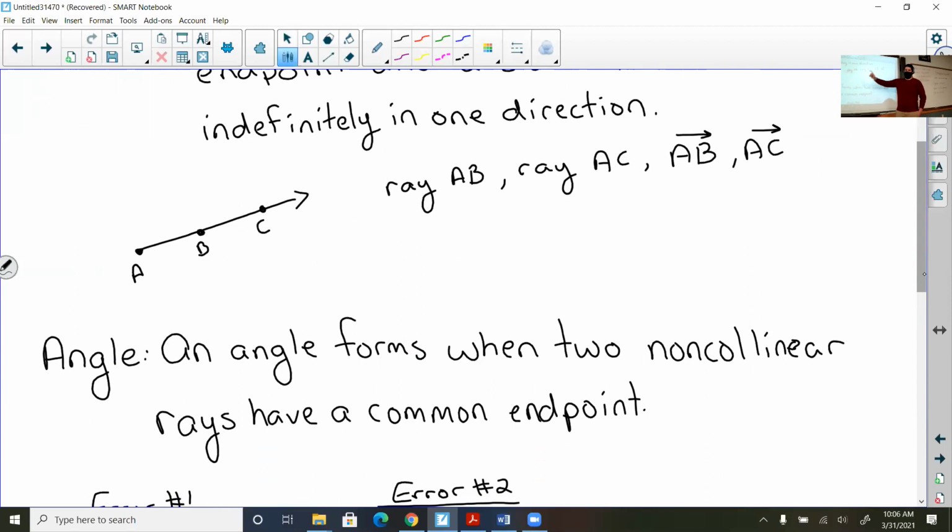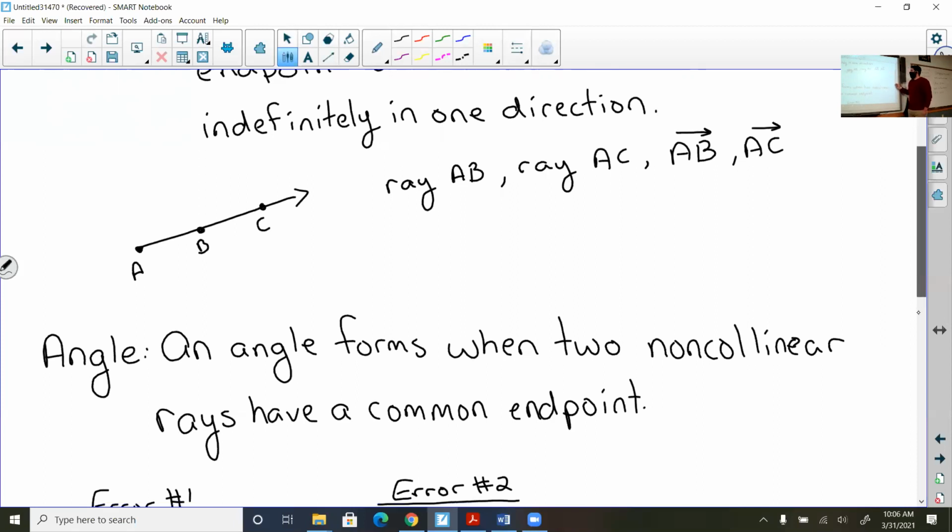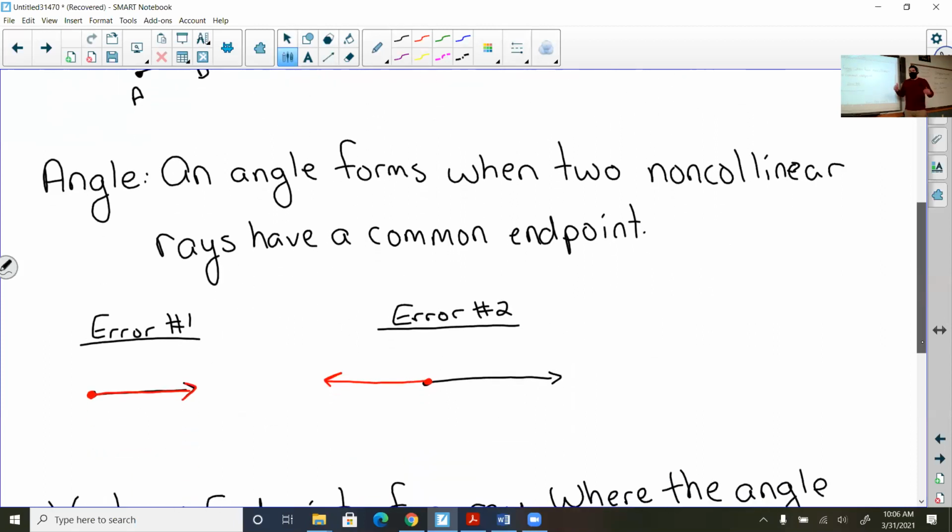So A, B, A, C, A, D, A, whatever. Or you can write the A and the whatever point with a little ray on top. When we have two rays that meet at an endpoint, as long as those rays do not form a line, so they are non-collinear, then the result will be an angle.